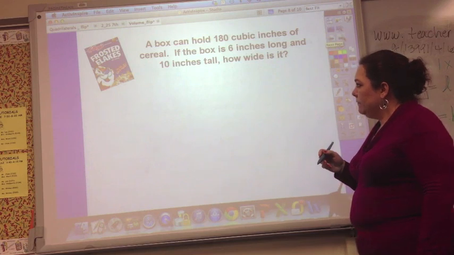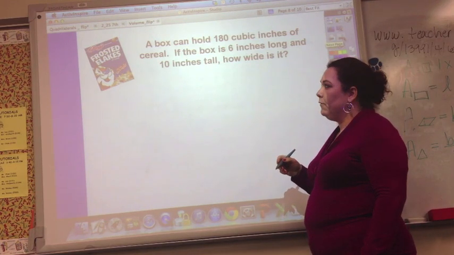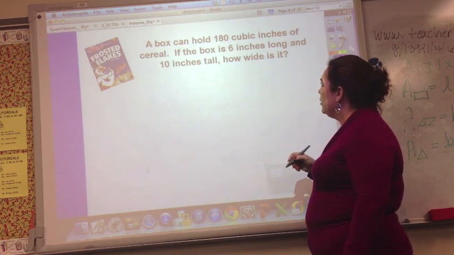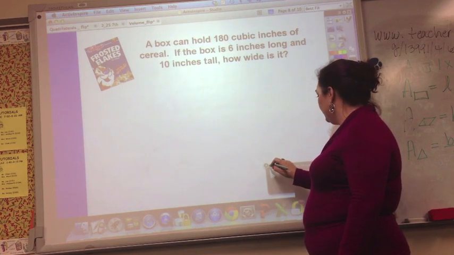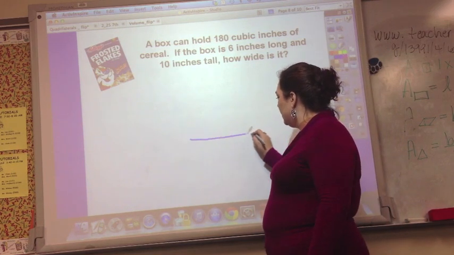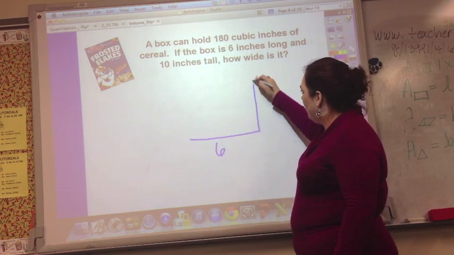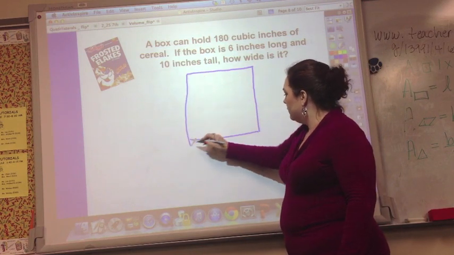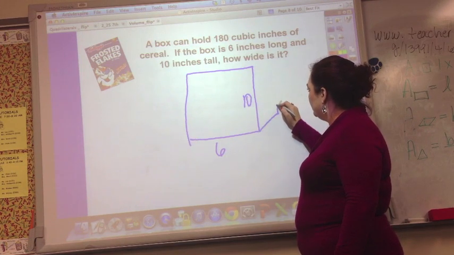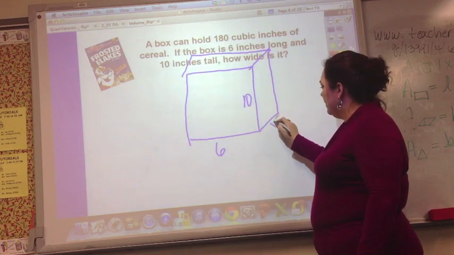Now this one gives you some information and is missing some information. So let's draw it. A box can hold 180 cubic inches of cereal. If the box is 6 inches long, so this is 6, and 10 inches tall, this is 10, how wide is it? So I'm finding this out.